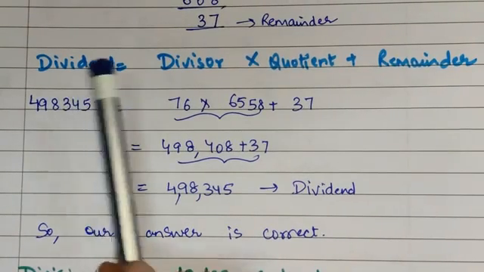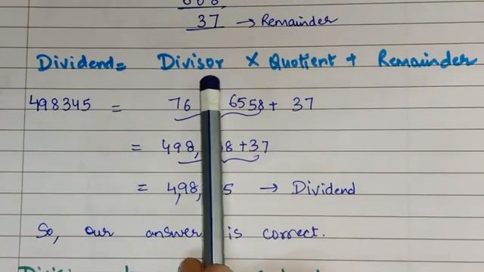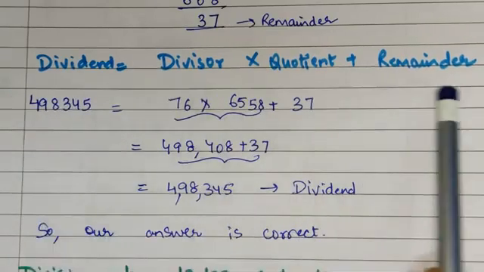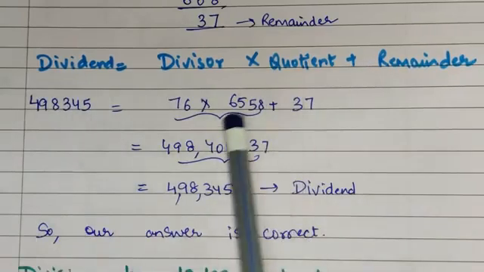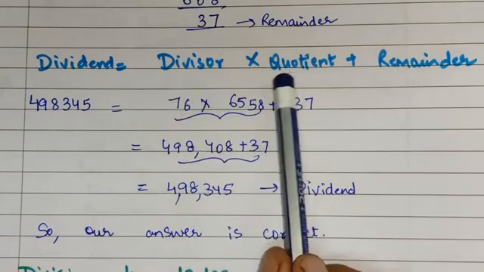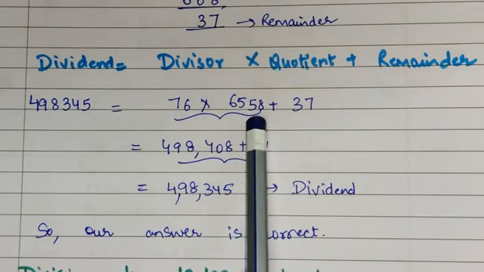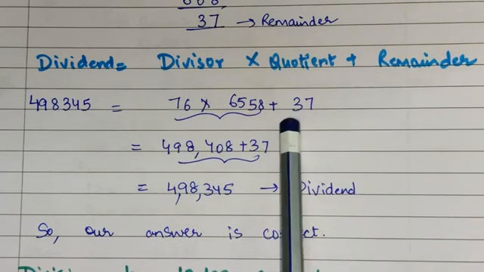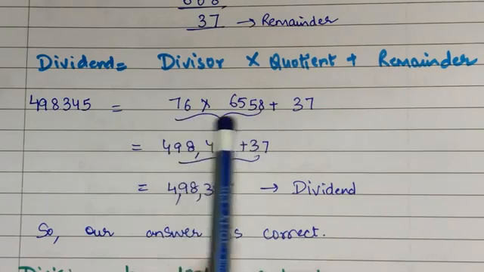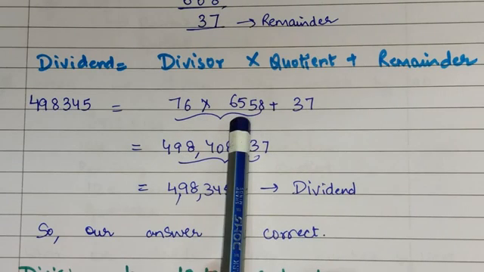Dividend is equal to divisor into quotient plus remainder. You all will write it first, then you will put the values. Divisor is 76, quotient is 6558 and the remainder is 37. And I told you earlier also that first of all we will do the multiplication.